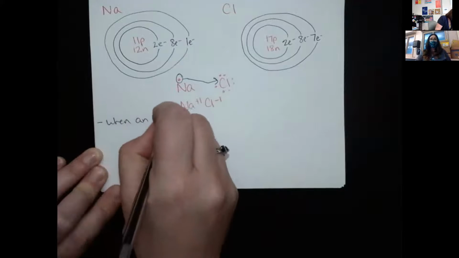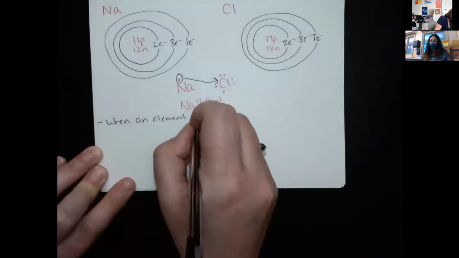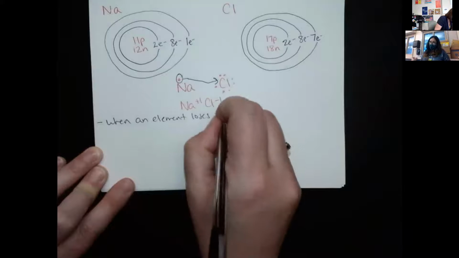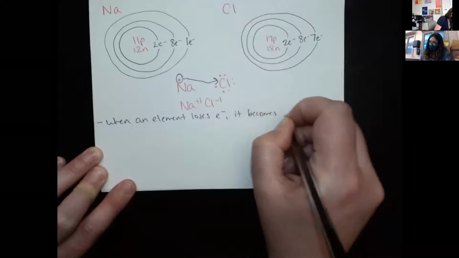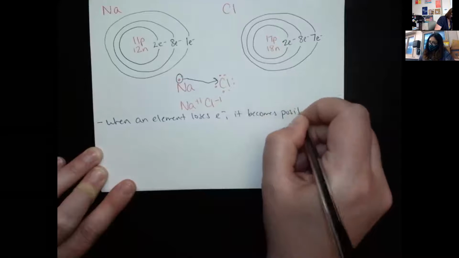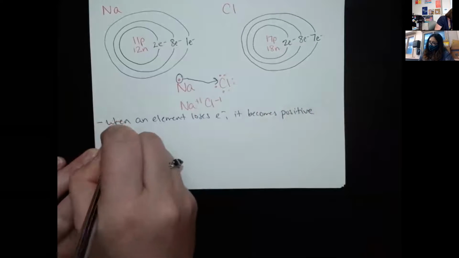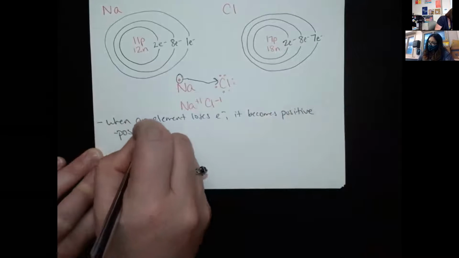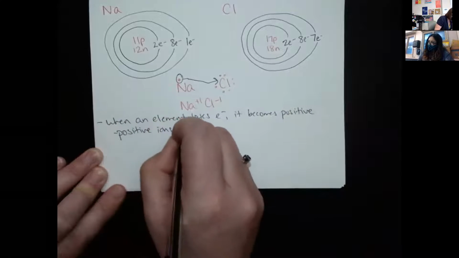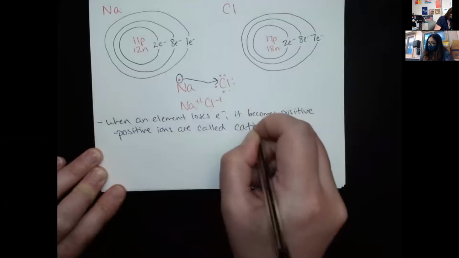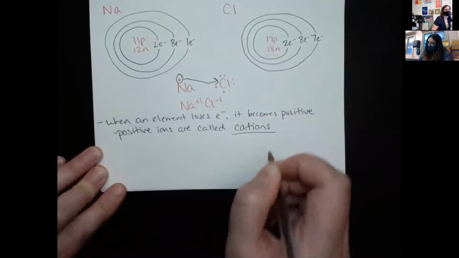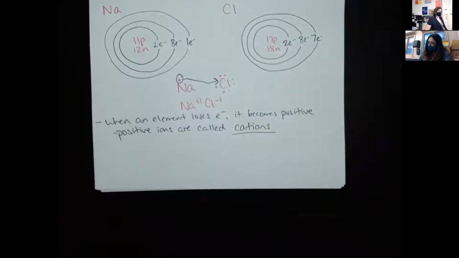When an element loses electrons, it becomes positive. Positive ions are called cations. And that is how you pronounce it. It's called a cation.